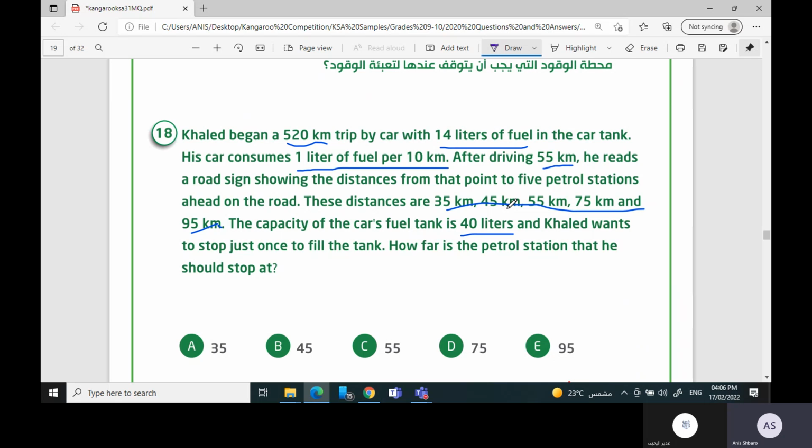So of course, now with the fuel left in the tank, he can cover only 85 kilometers.